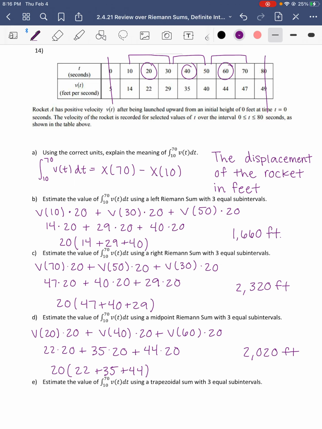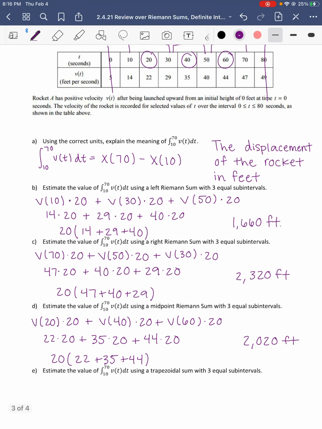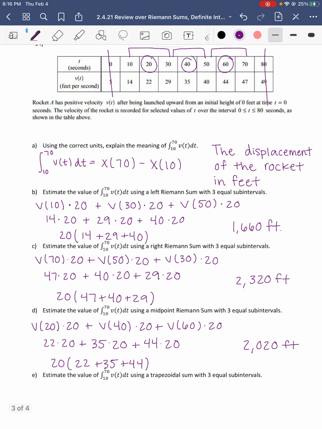And then the last one we have is going to be trapezoid. Y'all's favorite. So this one is going to be V of 10 plus V of 30 divided by 2 times the height of 20.